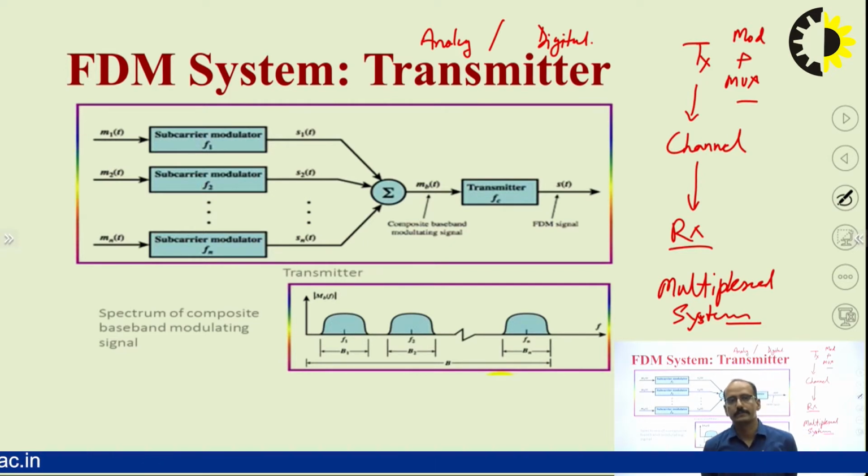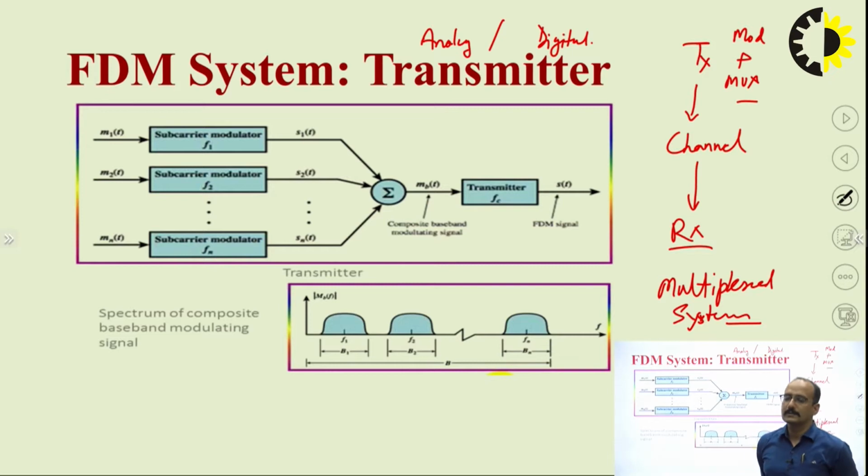In this process there is a wastage of bandwidth, because at a time a user can only use a 100 megahertz band, whereas the total available range is 300 megahertz. So, frequency division multiplexing is used for analog transmission only. When we are talking about digital transmission, we use the time division multiplexing system.